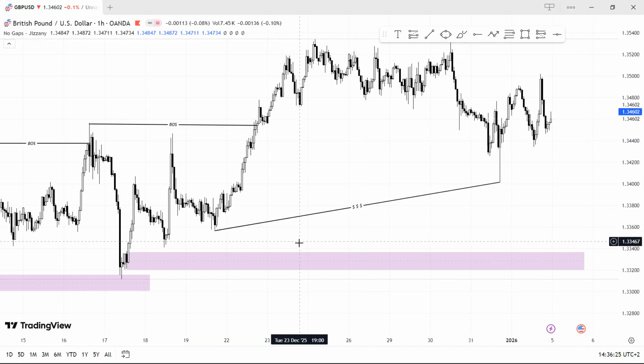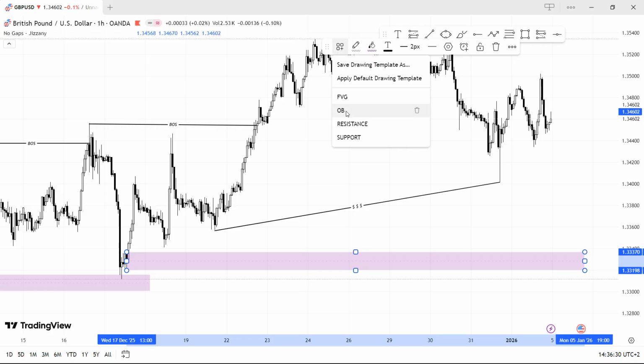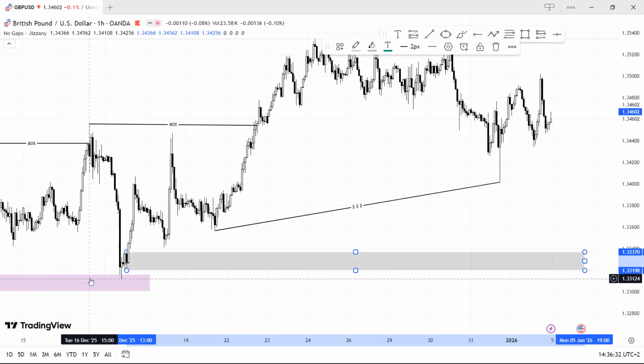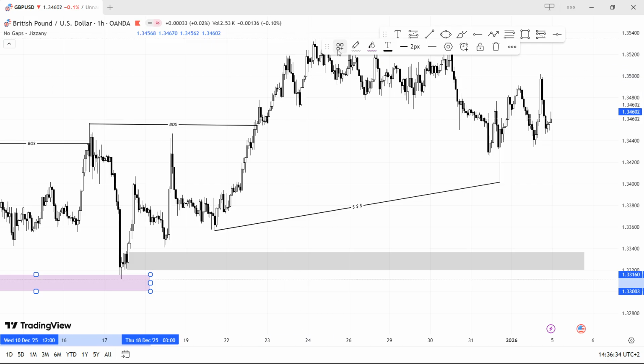So we will wait for GBP USD. We'll wait for it right here.